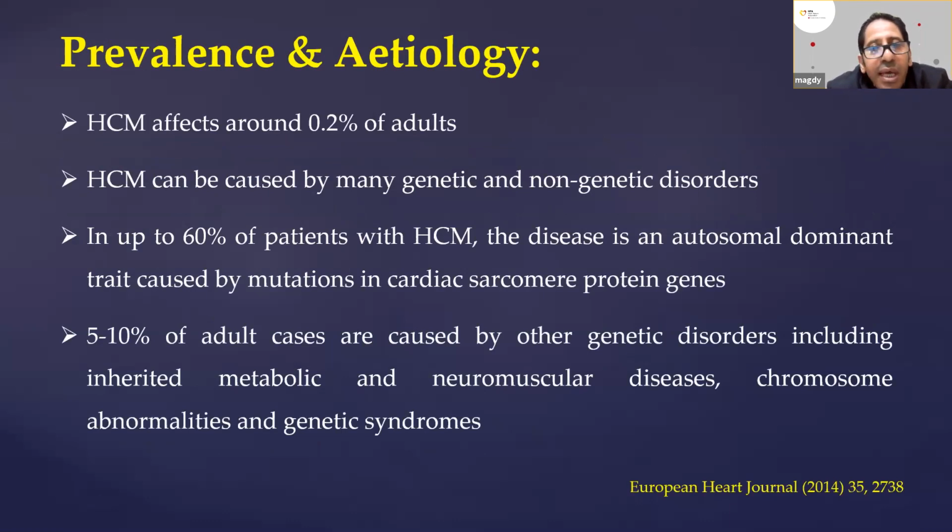Hypertrophic cardiomyopathy can be caused by many genetic and non-genetic disorders. In up to 60% of patients with hypertrophic cardiomyopathy, the disease is autosomal dominant, caused by mutations in cardiac sarcomere protein genes. 5 to 10% of adult cases are caused by other genetic disorders, like inherited metabolic or neuromuscular disease.